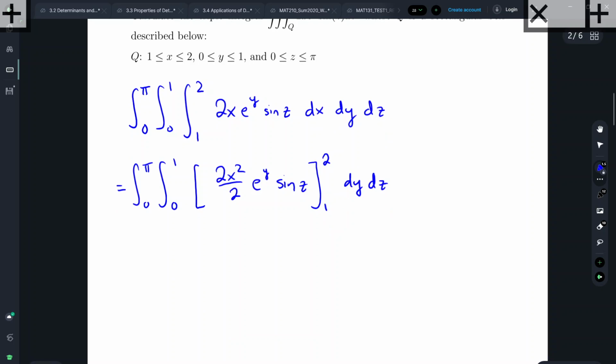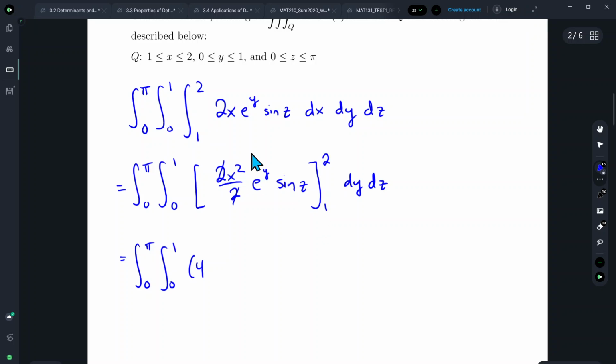Okay, so let's calculate this. Right, so the 2's cancel out. You plug in 2, 2 squared is 4. You plug in 1, 1 squared is 1, so that's 4 minus 1. And this is plugged in for x, right?